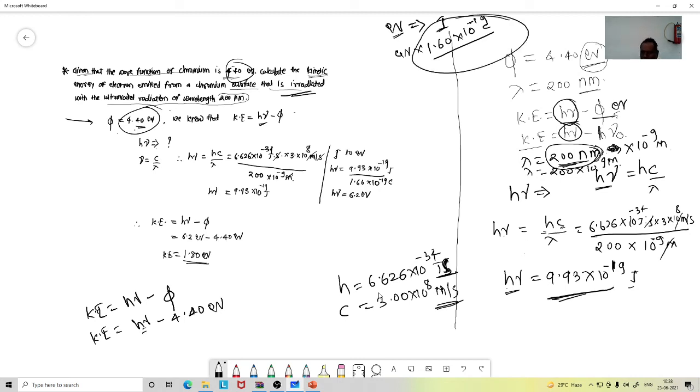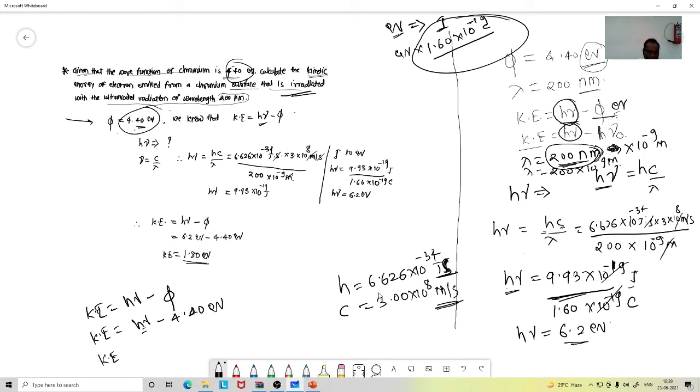Simply divide by 1.60 into 10 raised to minus 19 coulomb, that will be converted into electron volt. That is h nu is equal to how much? 6.2 electron volt. If I divide this 9.93, this 10 raised to minus 19 will get cancelled. 9.93 divided by 1.60 comes out to be 6.2 electron volt.